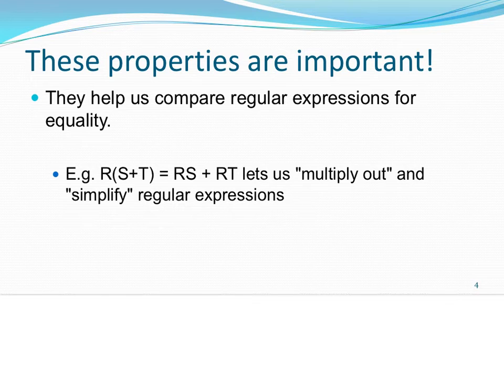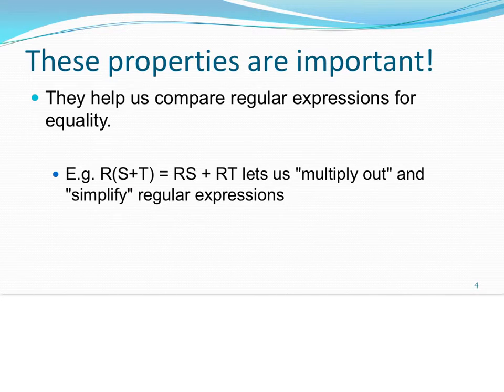This says that if we start with one regular expression and then concatenate it with either S or T, it's the same as saying, have the first expression concatenated with S, unioned with the first expression concatenated with T.